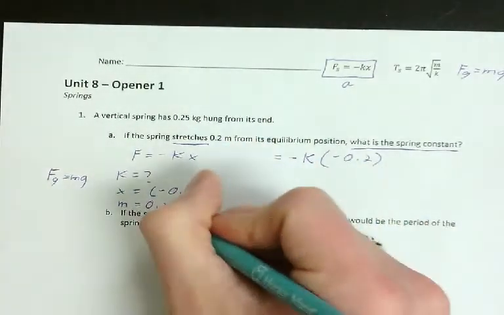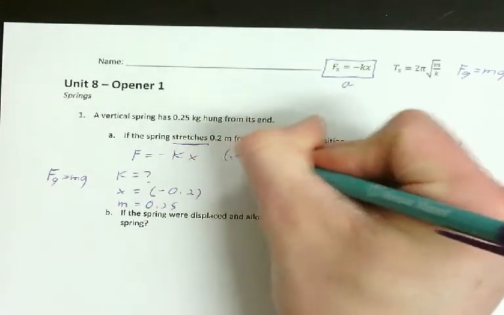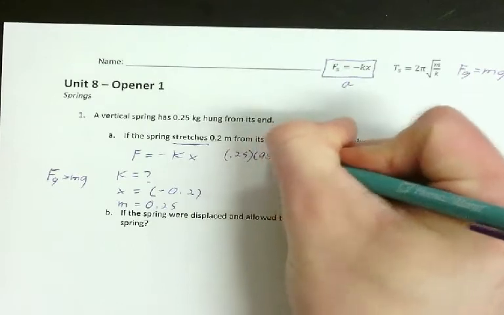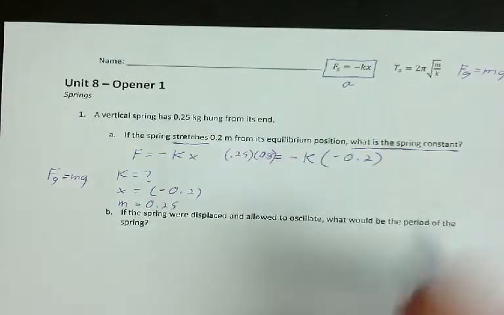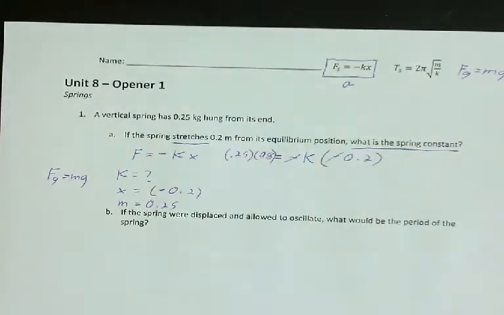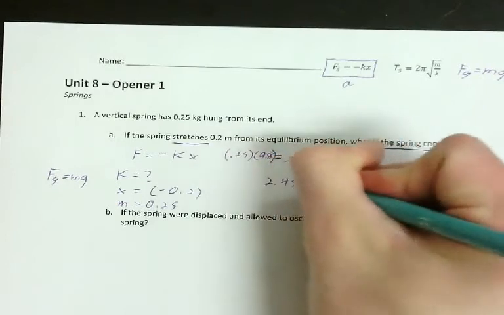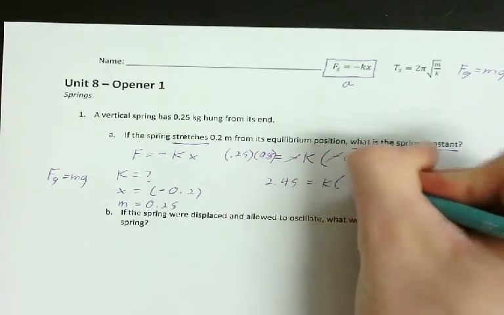So I need to take the mass times 9.8. So 0.25 times 9.8. When I'm solving this, the negatives are going to cancel, so I can get rid of those. So then I do 0.25 times 9.8. 2.45 equals k times 0.2.